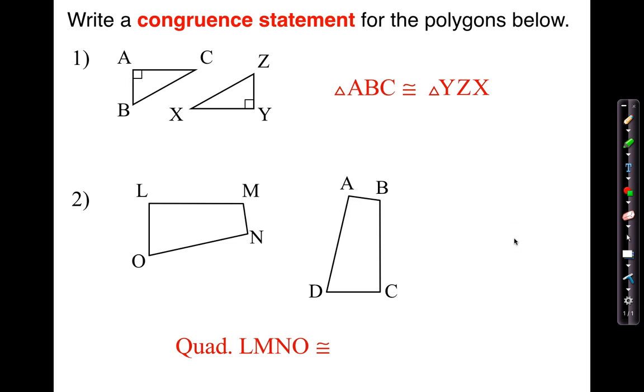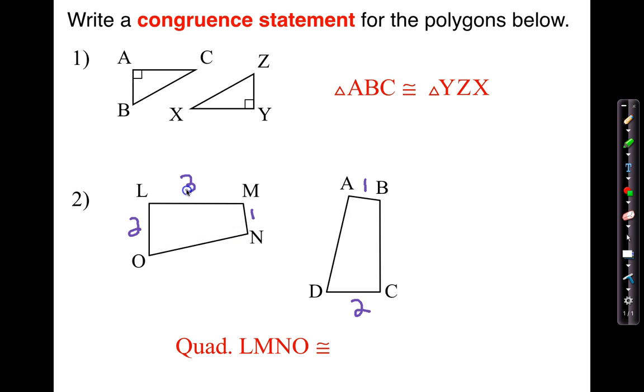So for anything that has more than 3 sides, what I like to do is number the lengths from shortest to longest. So here I'm going to say this is the shortest length. This is the shortest length. Now the second shortest length would be this one here, and that would correspond to this length here. Now between these two, I would say this is the longest.